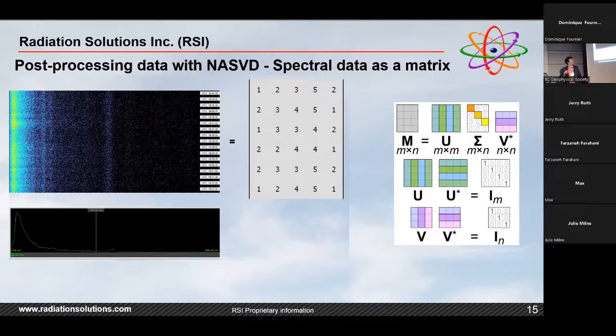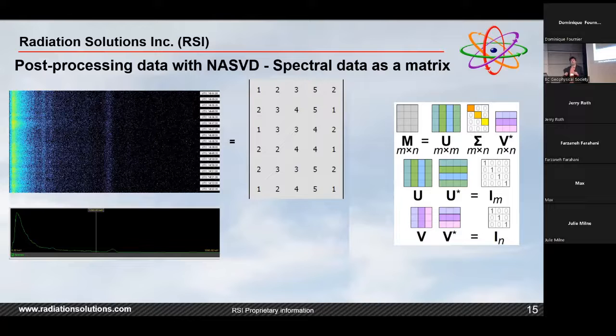But you take the whole data set and you ask yourself, instead of using 1024 spectral channels, can I actually build another basis to represent my data set? That's basically what's done here. You're aggregating all the data and you're going to describe your data set not by saying, I have so many times the potassium, so many times the thorium, so many times uranium.